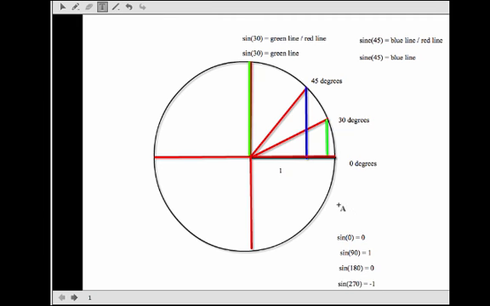The other values I'd want you to know for the MCAT are sine 30 right here. That one's not too bad, you should know that's 1/2. So right there, sine 30. And also sine 45.